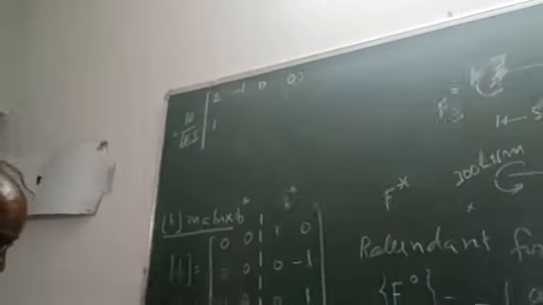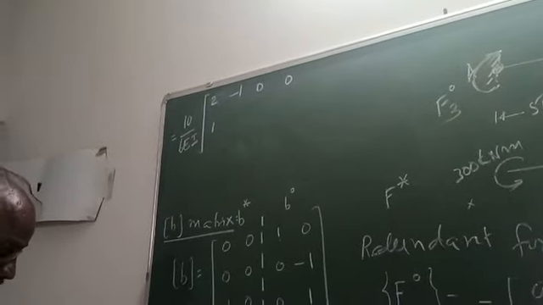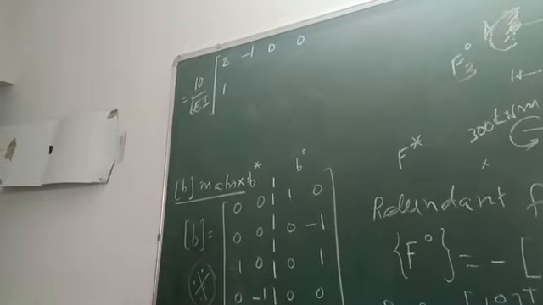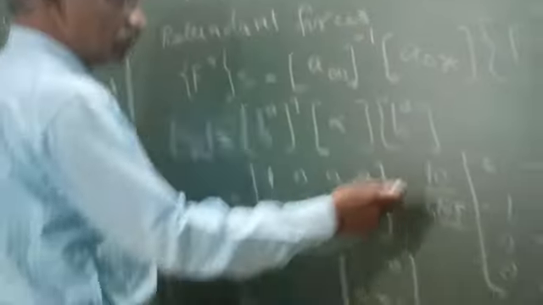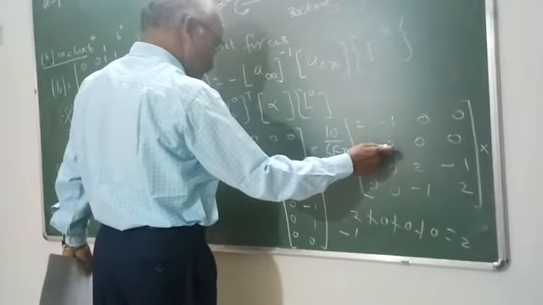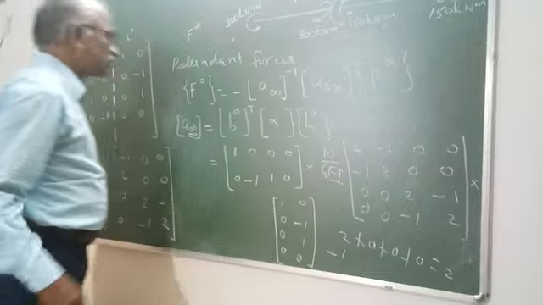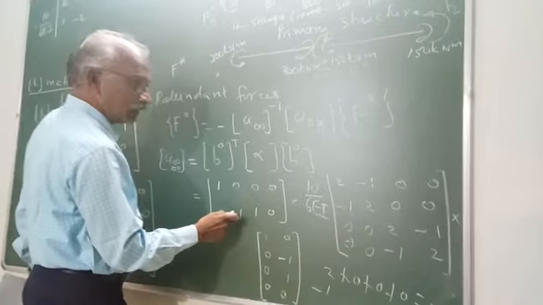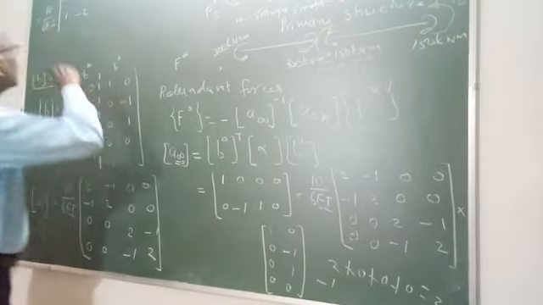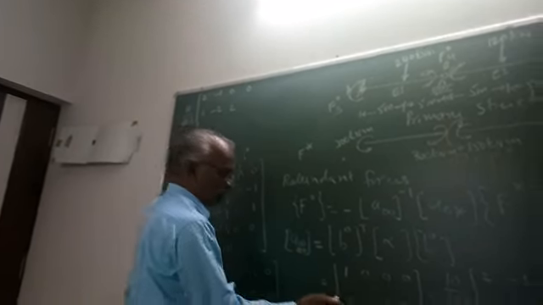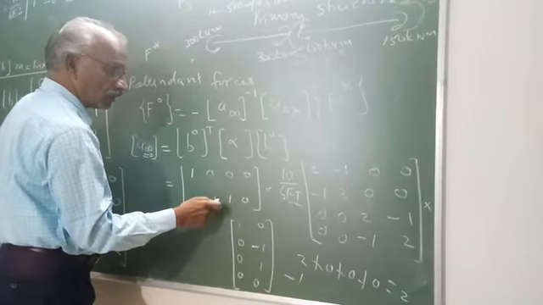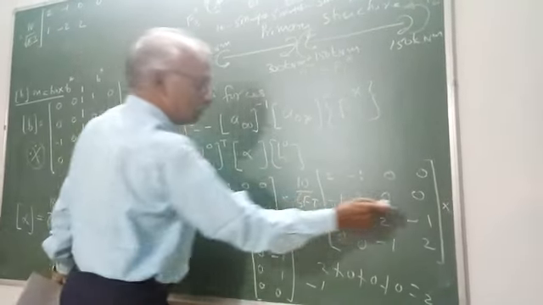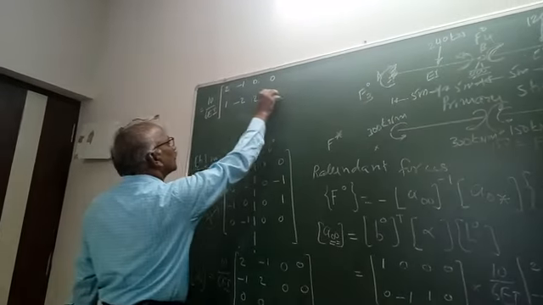Similarly, when you do the calculations, because I don't have the values handy, we'll just write: 0 into minus 1, minus 2. This is minus 2. 0, 1 into 2, 2. This is 2, first row, second row, fourth column, 1 into minus 1, which is minus 1.